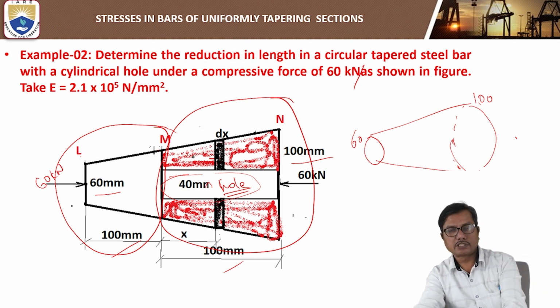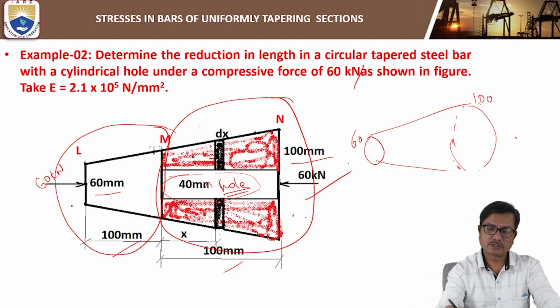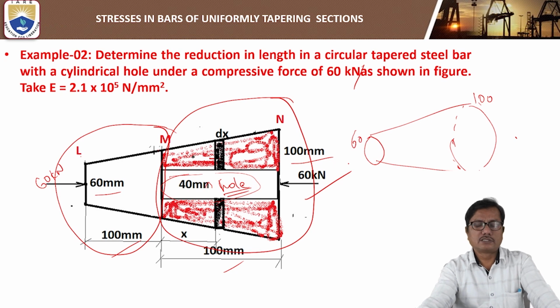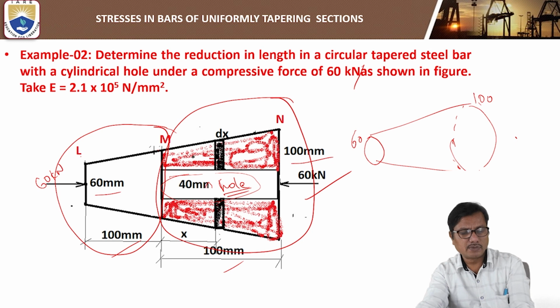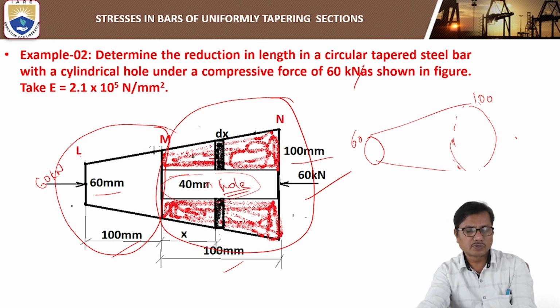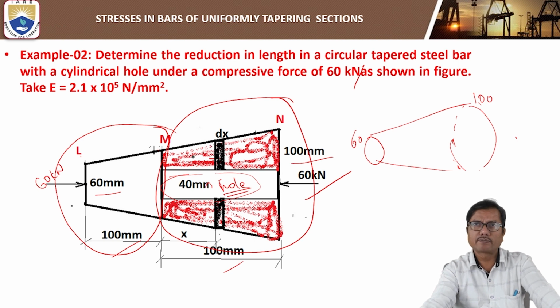Both are subjected to the same compression of 60 kilonewtons. So the compression of LM we will find out, and compression of MN we will find out. Understand?